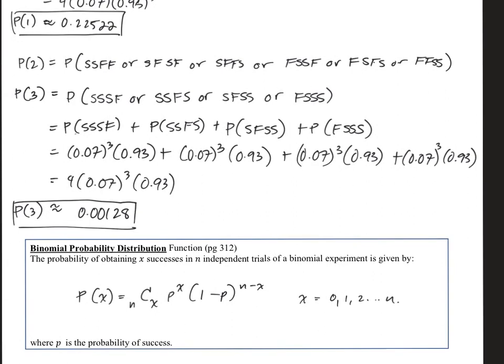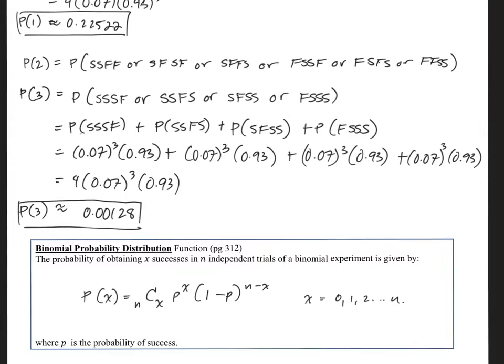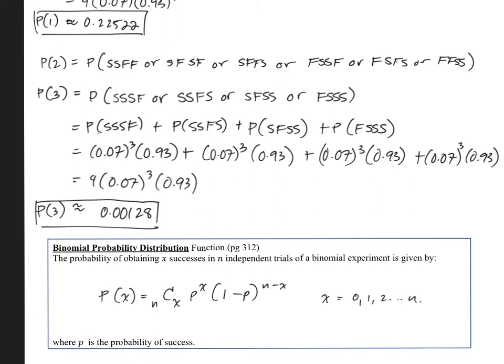Well, it looks an awful lot like what we were doing here. See right here, this is our probability to the X power. So let's look at P of 3. This is our X value, and so we had our probability of success to the X power, 3, times the probability of failure. Let's do X in yellow, success in green, and failure in red.